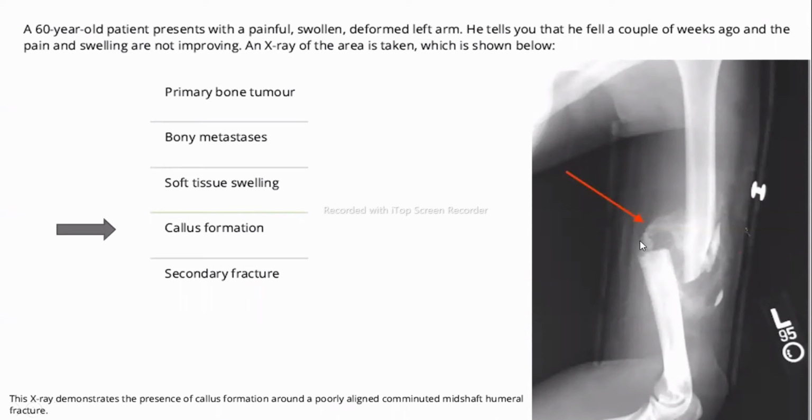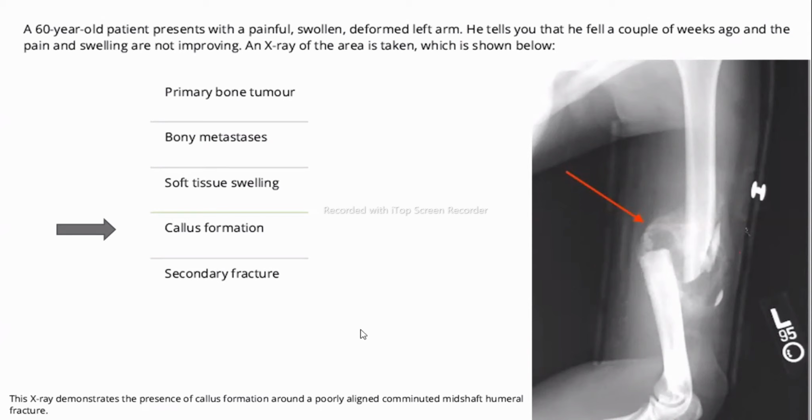So why is it not improving? Because of no alignment; it's not reduced. According to the X-ray, malalignment. Also, in general, it can be infection, or tissue between the bones. Also, maybe no splint, and the patient is moving his arm.